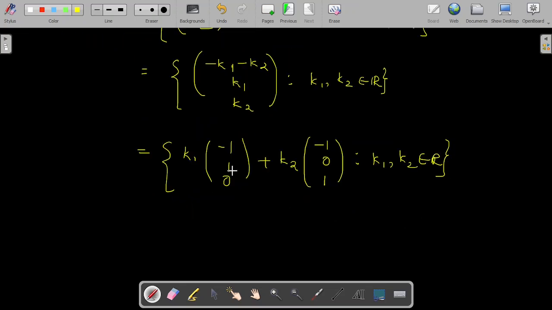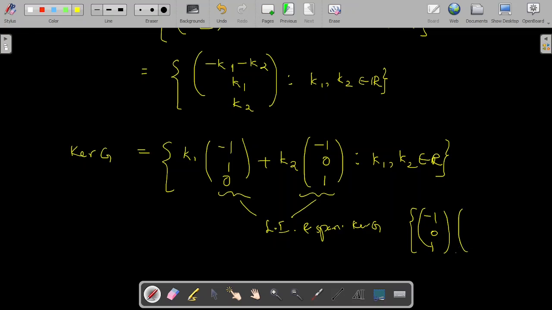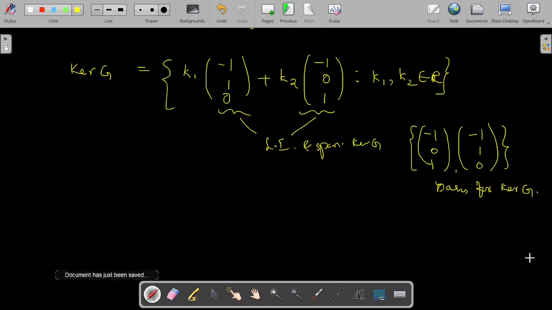Here, look here, this entire kernel is a linear combination of these two vectors. And you know that these two vectors are linearly independent as well as they span the whole space, kernel G. Hence, you can say (minus 1, 0, 1), then (minus 1, 1, 0), this is a basis for kernel G. And how many elements in the basis?